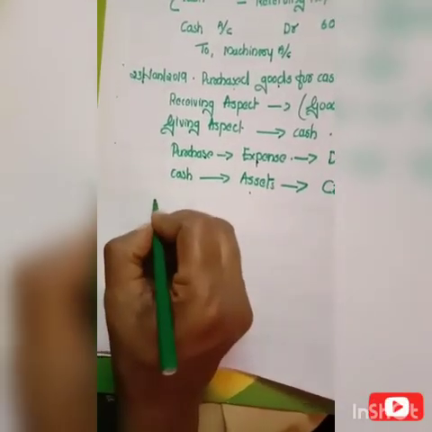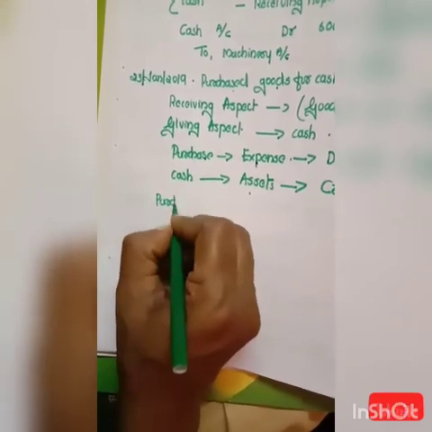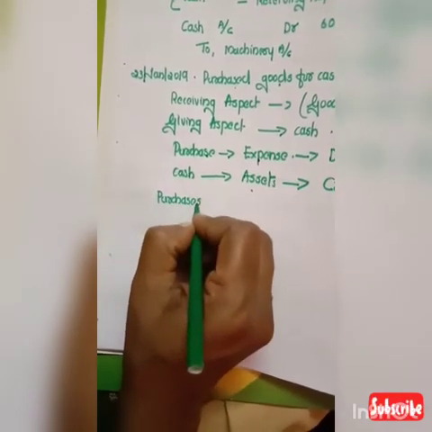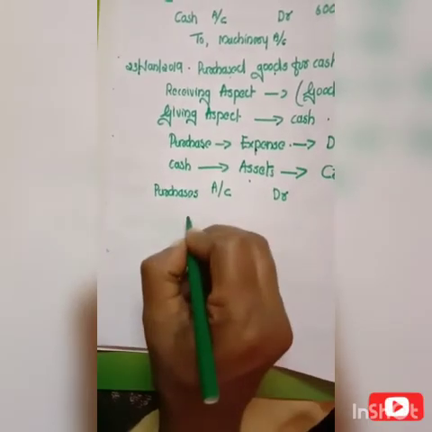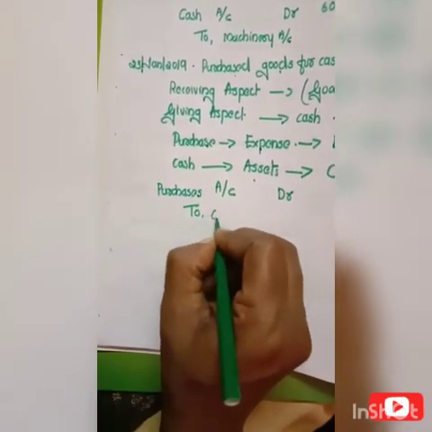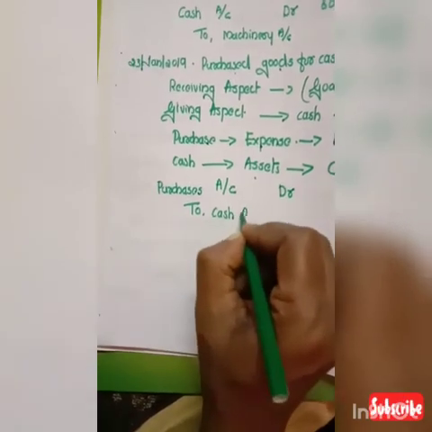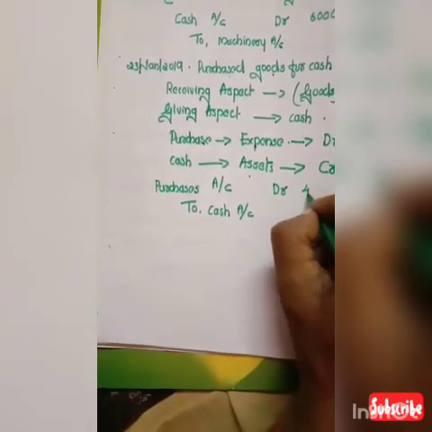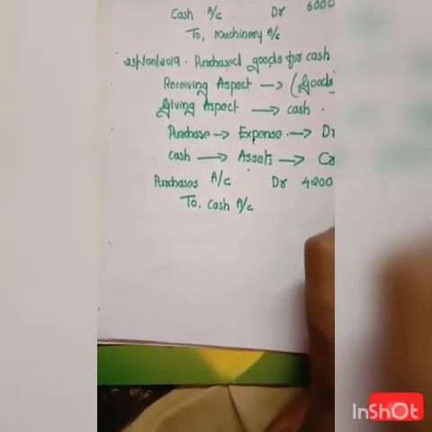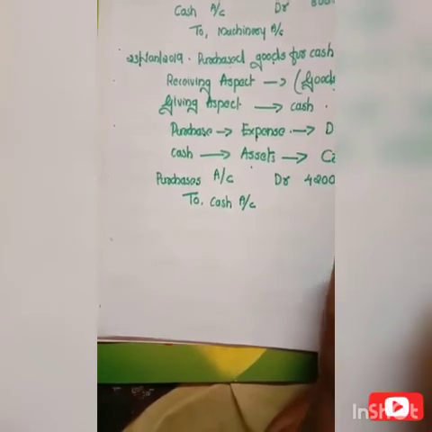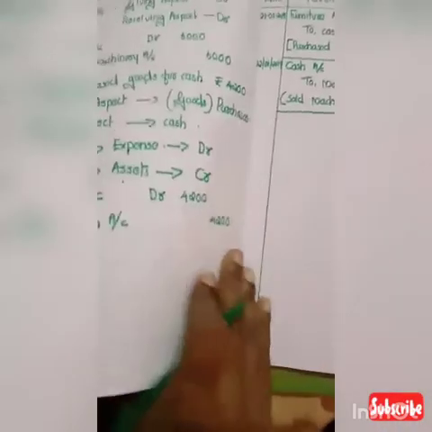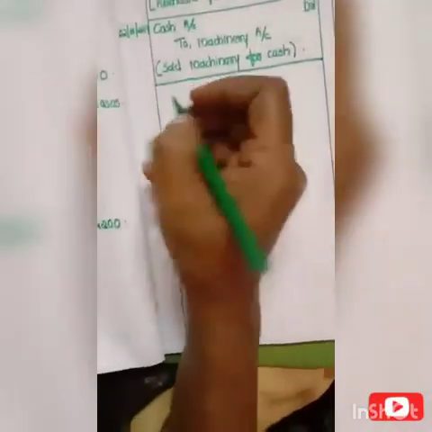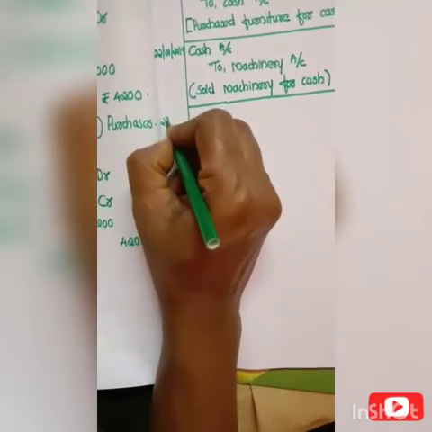So we can write the journal entry as purchases account debtor to cash account, amount is 4,200.